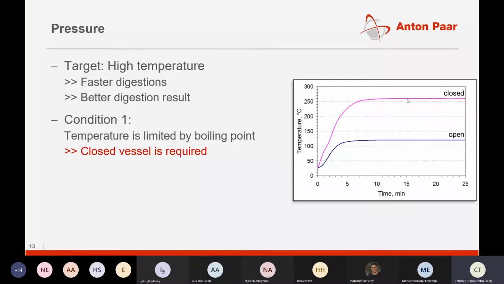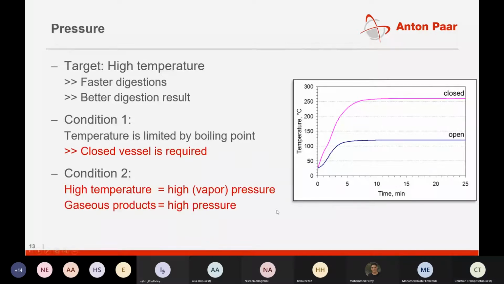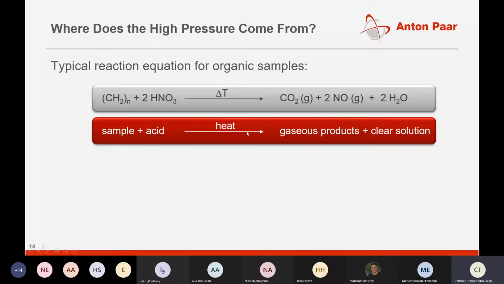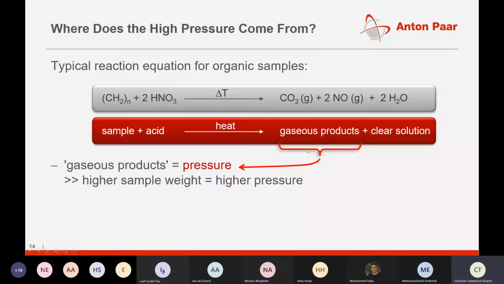But when we're applying a closed vessel, the gases and the temperature itself come into play, because in a closed vessel we are producing pressure. The pressure comes from the vapor pressure of the acid itself, but it also comes from the gaseous products we have seen at the beginning. So you know that slide already: gaseous products produce pressure.